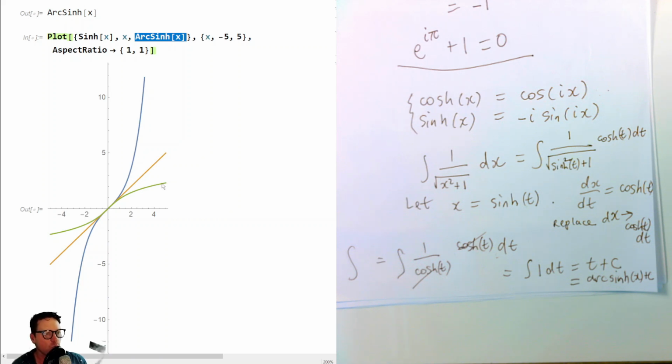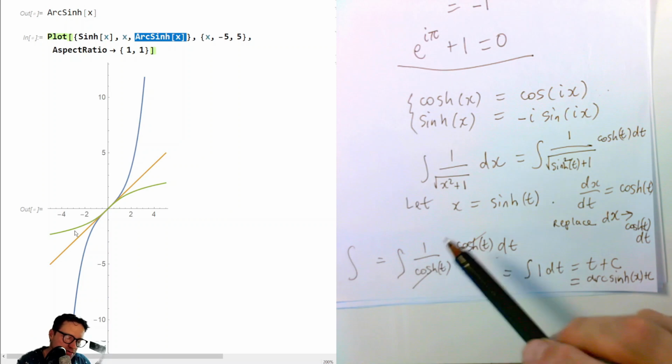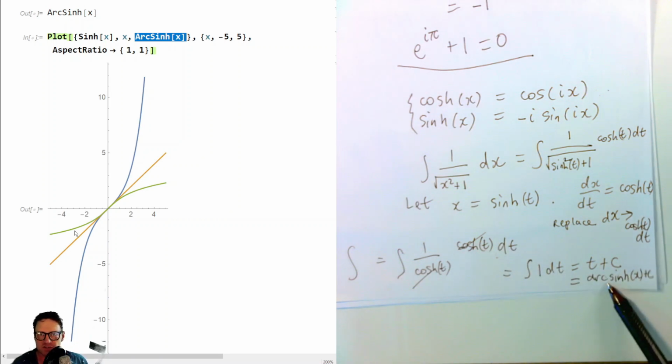They exist for the domain such that your original function is what we call one-to-one. And it does so in what's shown here. So the inverse function does exist for those x values shown, right? And so that's arcsinh here. So you can see arcsinh, or the inverse function, is not that exotic a function either, okay? And that's how this integral is given in terms of arcsinh.